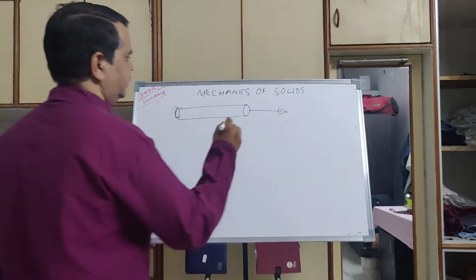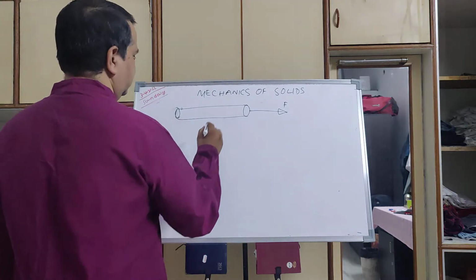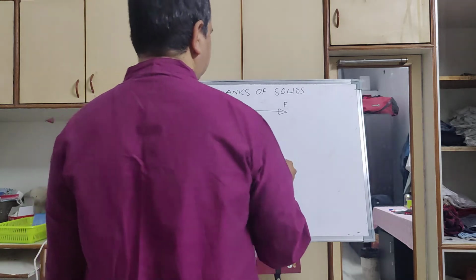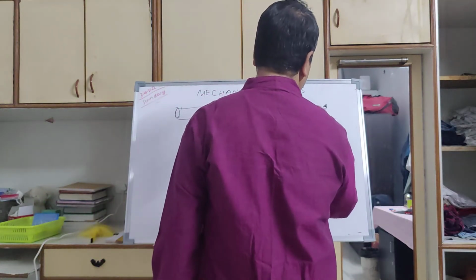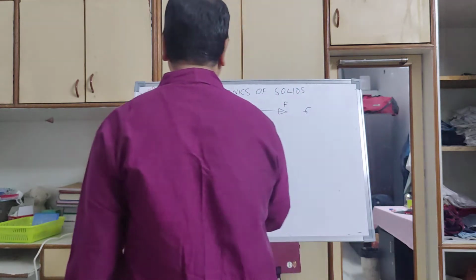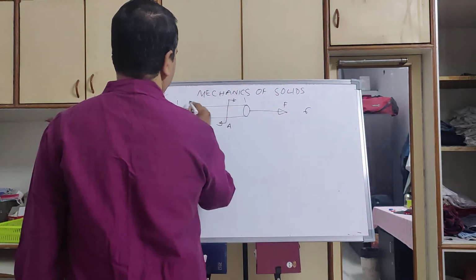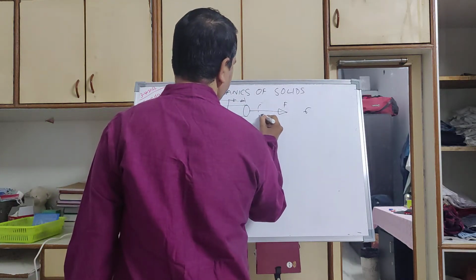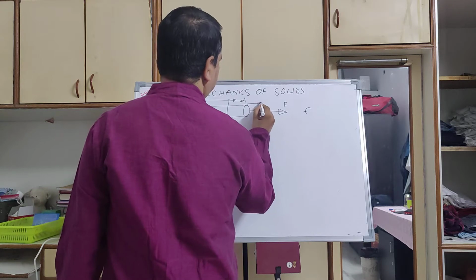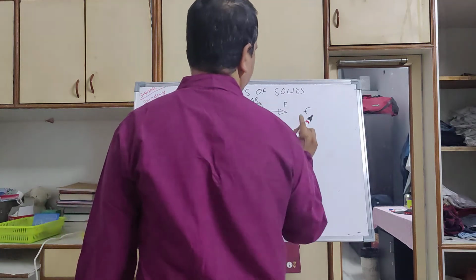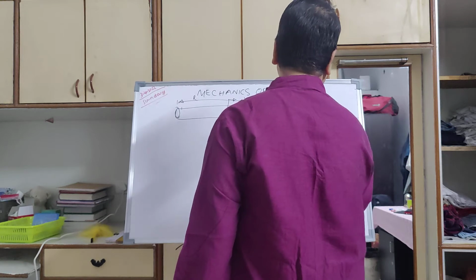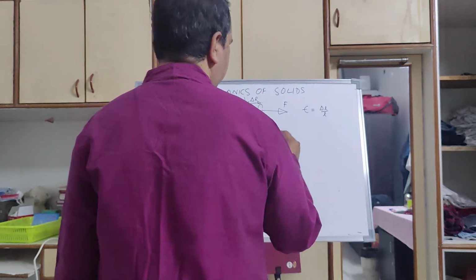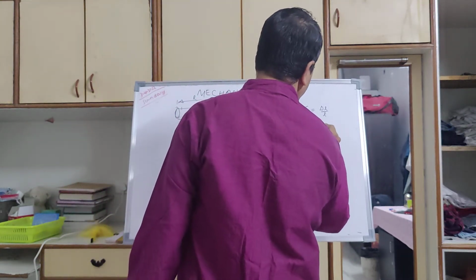Let the force F be acting on it, and let the cross sectional area be A, and the length of this rod be L. It will get displaced by an amount, let us say delta L. So it will give rise to a strain called longitudinal strain, which is equal to delta L by L, and a stress which is equal to F by A.